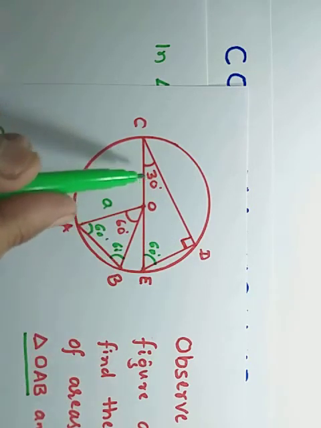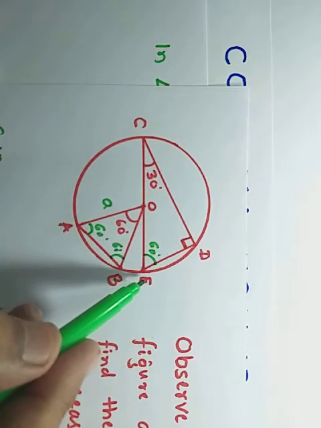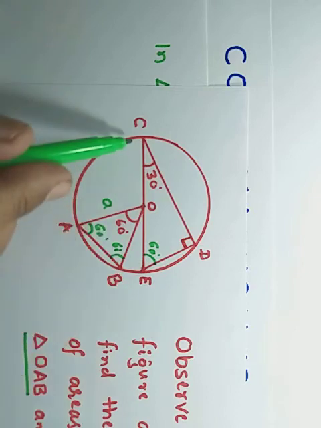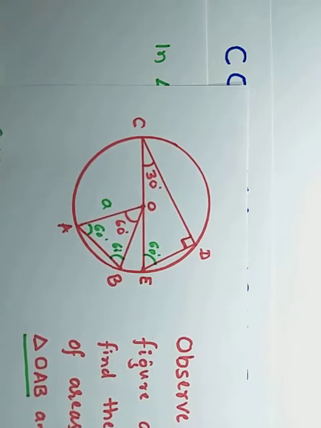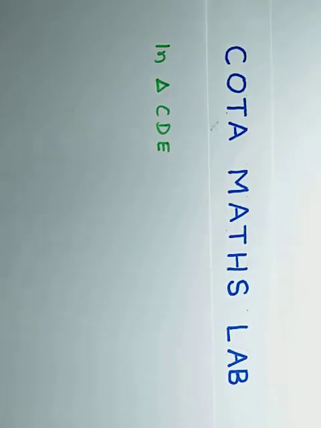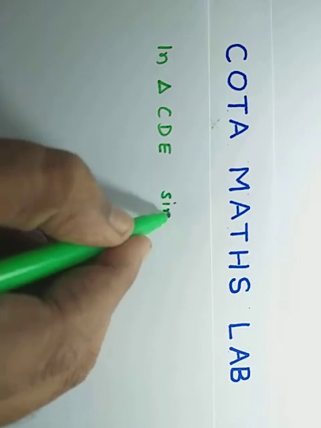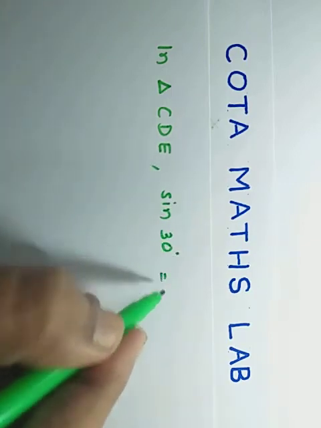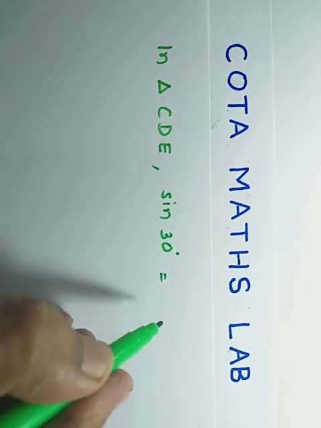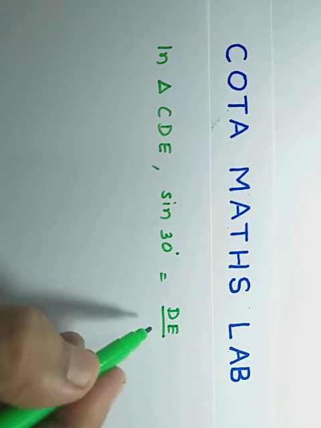Angle theta is here, hypotenuse here, and this is the opposite side. Opposite side and hypotenuse are defined by the sine function. Therefore, sine 30 degrees is equal to the opposite side DE divided by the hypotenuse CE.